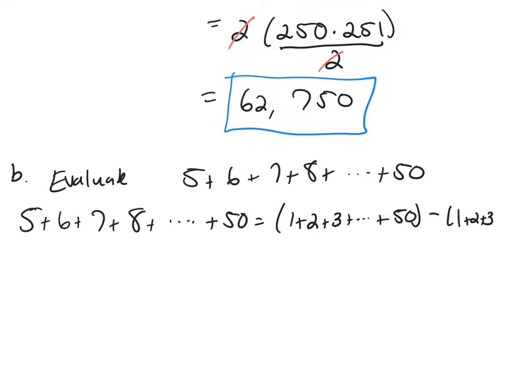Plus 4. And now I haven't changed anything because the 1, 2, 3, and 4 cancel. In the front, they're positive, and in the back, they're negative. And then I can use, again, my formula for this part right here. It would be k is 50. 50 times 51 over 2 minus 10.